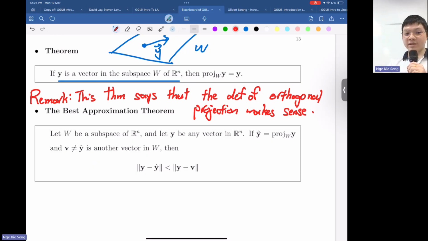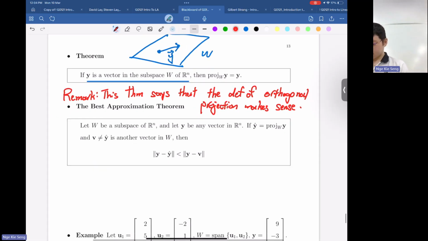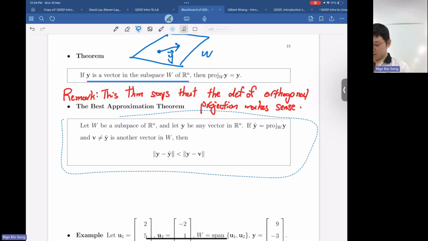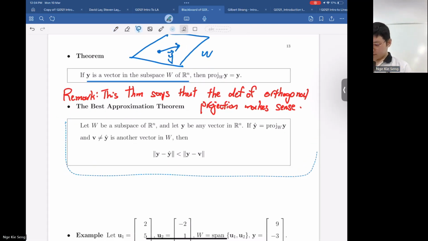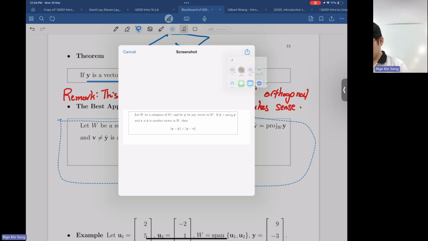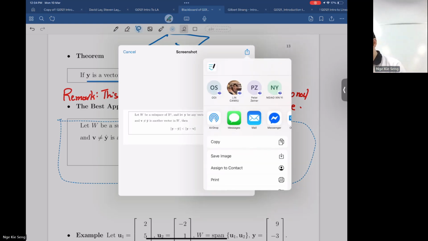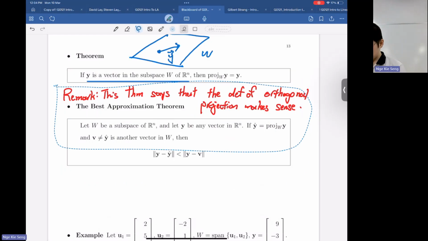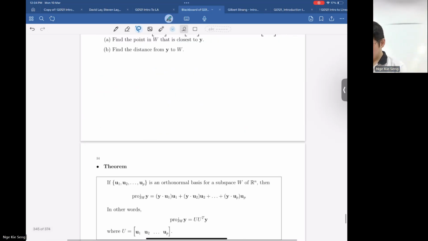Can you imagine this picture or not? Let's bring this down and talk about this idea here. Okay, let's draw this picture here.